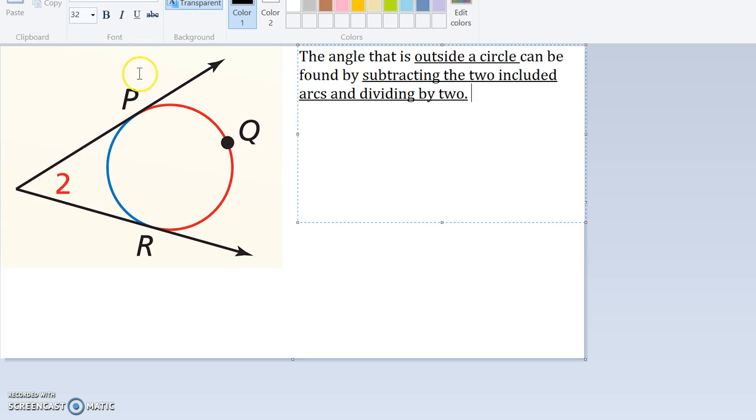So we subtract the two arcs, divide by 2 to get the angle. In this example, what we're going to find is that angle 2 equals arc PQR minus arc PR, divided by 2.